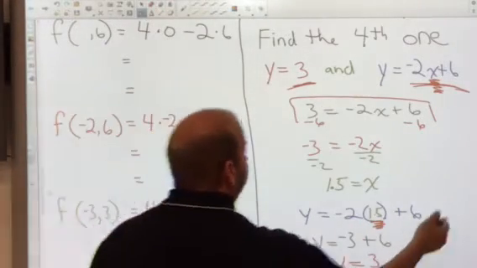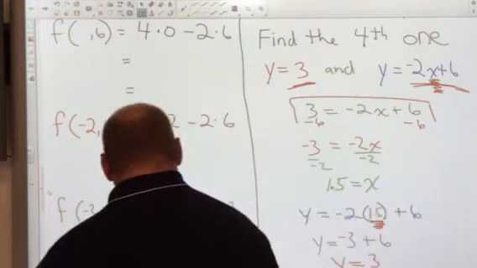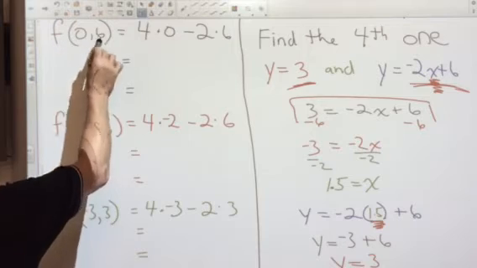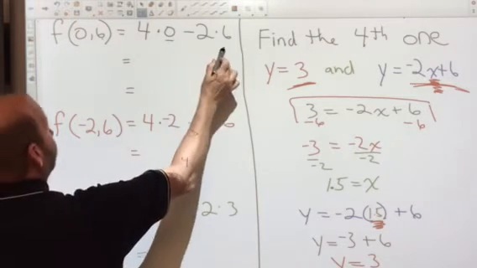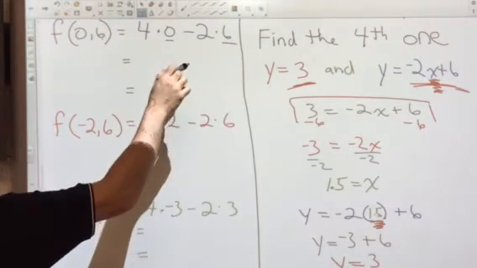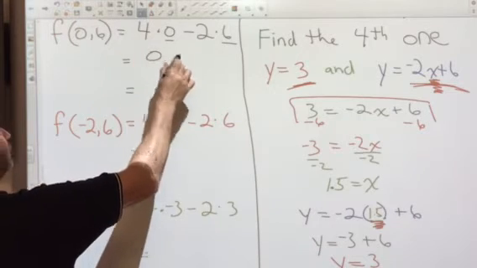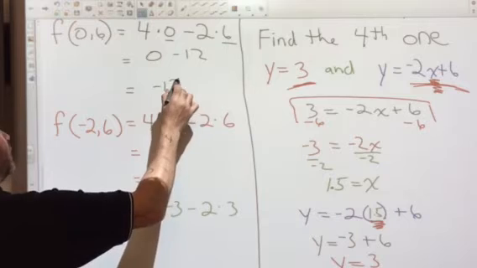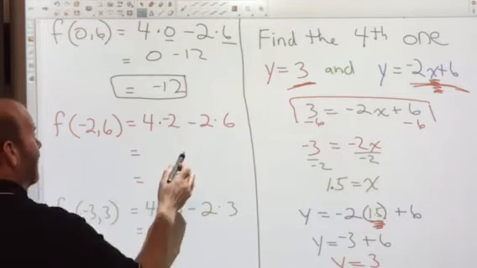So 0, 6 is one of the points. I don't know why I didn't write the 0 in there. So plug in 0, 6 for x and y, 0 for x, 6 for y. 4 times 0 is 0. Negative 2 times 6 is minus 12, so that's a negative 12. So there you have one of the 4 values.